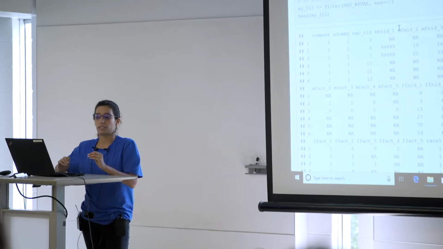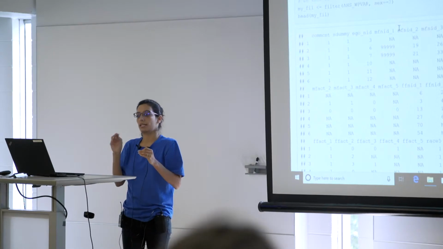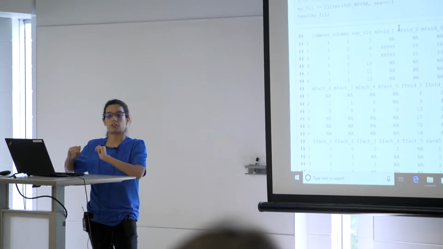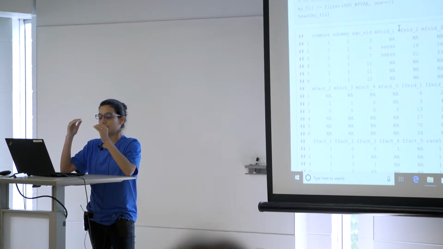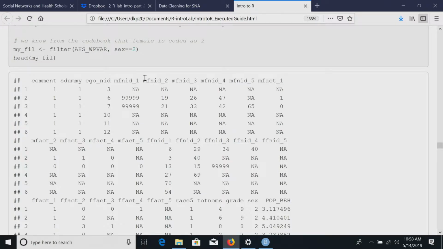One of the basic principles that we have is that for every task that you do in R, you have to follow the same procedure. First, you have to know what you have, then you run the function, and always check what you did. In this specific case, we knew from the codebook, from the data exploration part, that females were coded as 2. So that's how we knew the data set had females and males.